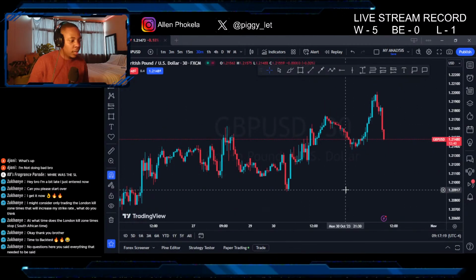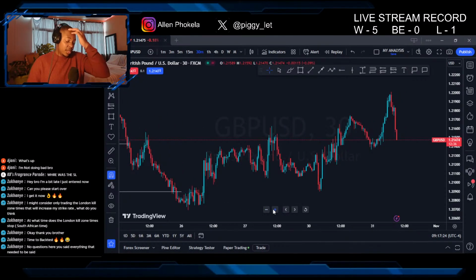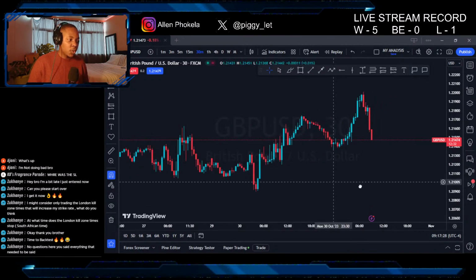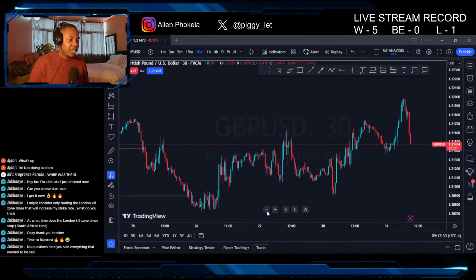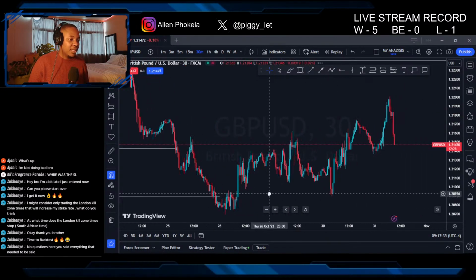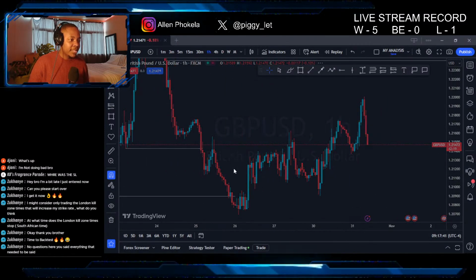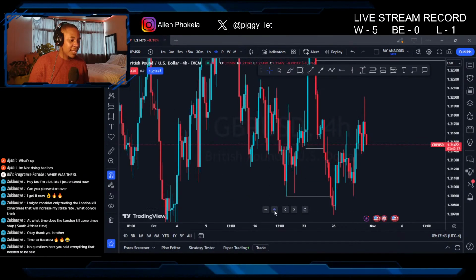I don't look at anything else, only those two, because they typically move the same, and sometimes you'll find out that a setup doesn't make sense on EU, but it makes sense on the GU. So that's how I use it.